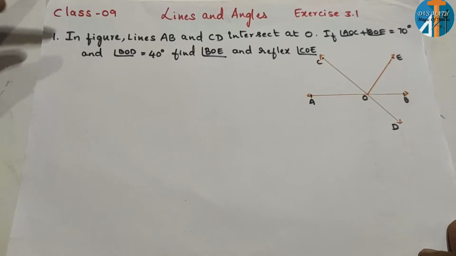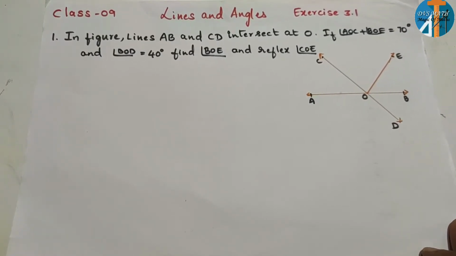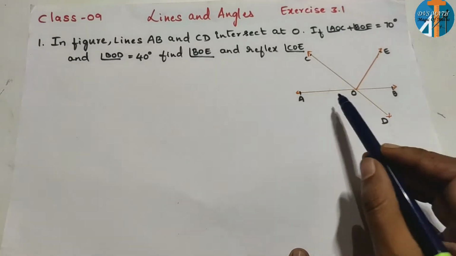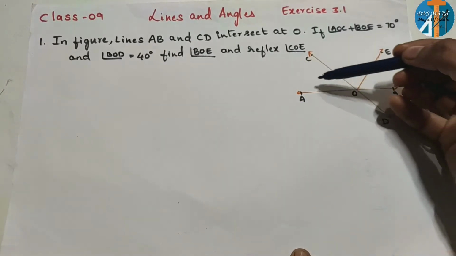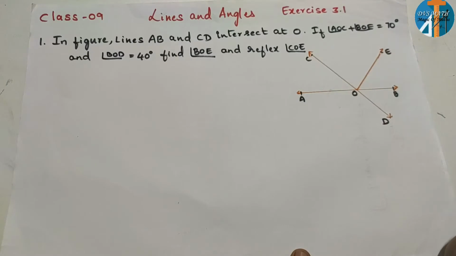First question is like this. In figure, lines AB and CD intersect at O. Here you can observe, AB is one line, CD is another line. They are intersecting at point O. Remember the word intersecting.